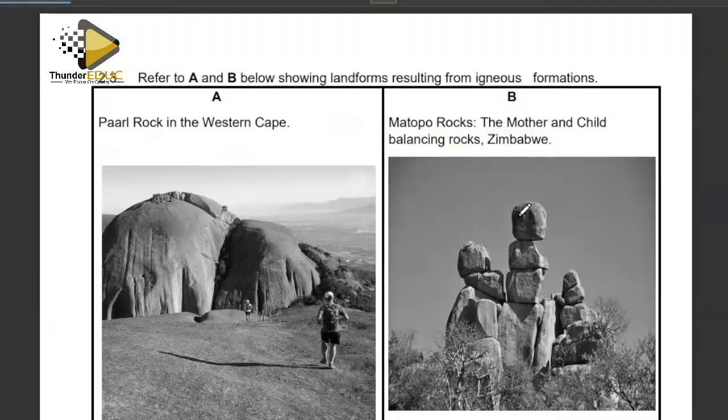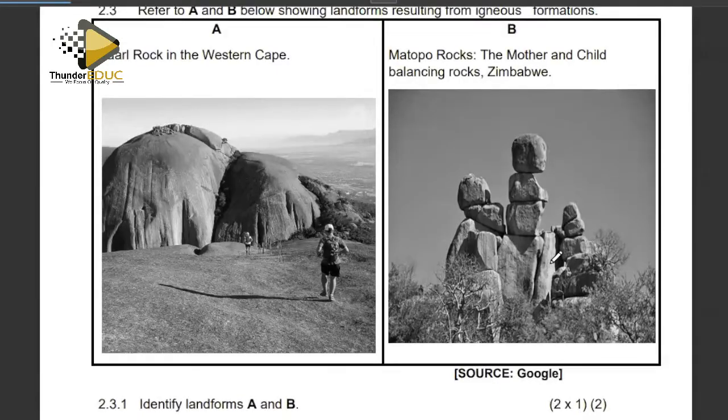Refer to A and B, showing landforms resulting from igneous formations. We have the Paarl Rock in Western Cape, and we have Matopo rocks, which is the mother and child balancing rocks in Zimbabwe, in Matabeleland, to be specific.